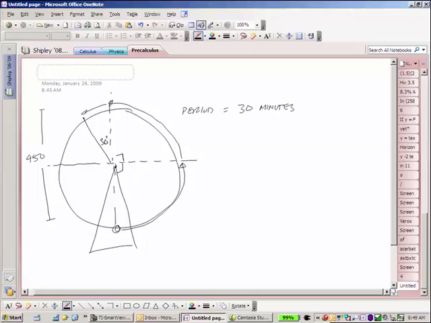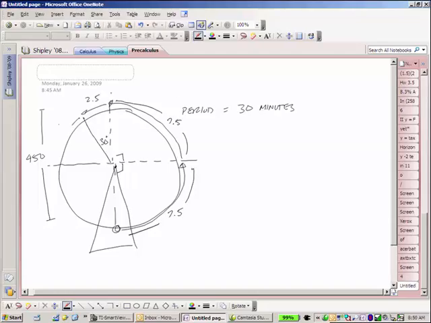Does anyone have a question about how Corinne got this 1/3? Okay, Corinne, talk to us a little bit. Well, it was 7.5 minutes from 15 to 22.5 minutes. So then I divided by 2.5.